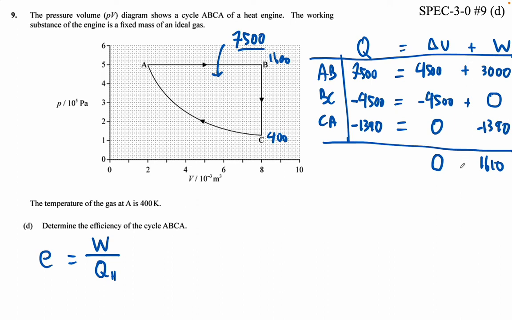Okay? What do you suppose this has to add up to for the whole process? Well, let's try it. 7,500 minus 4,500 minus 1,390. Hey, 1,610, right?